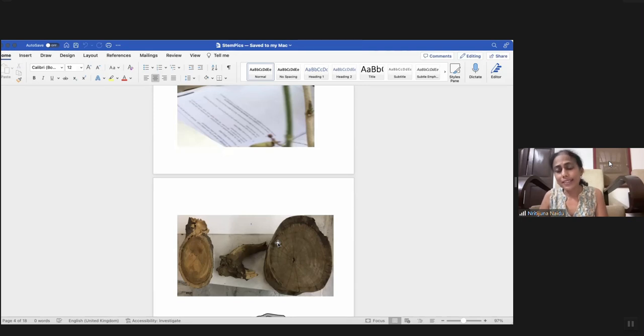So these trees, the large trees, make new sets of pipes every year. And the old set dies away. I'll show the specimen here, this one.